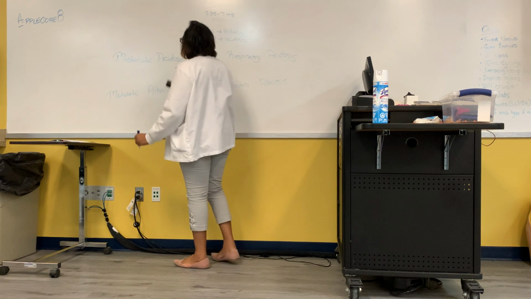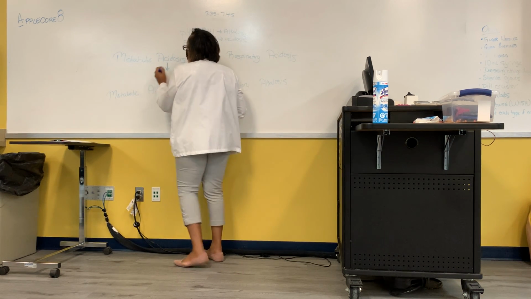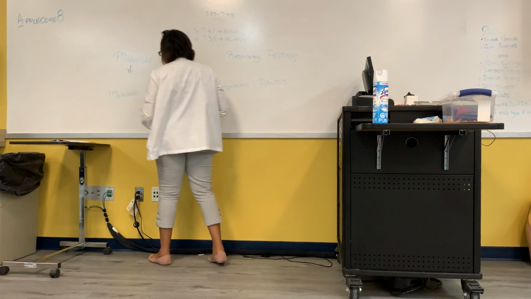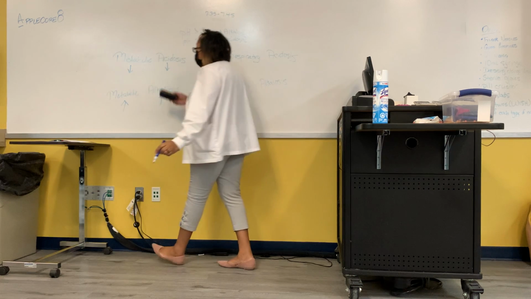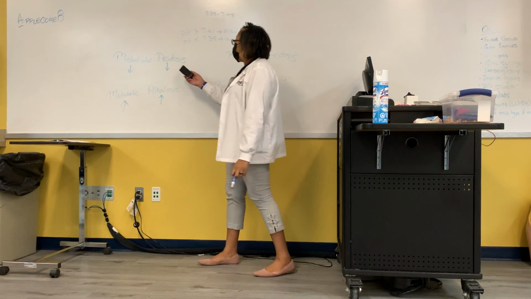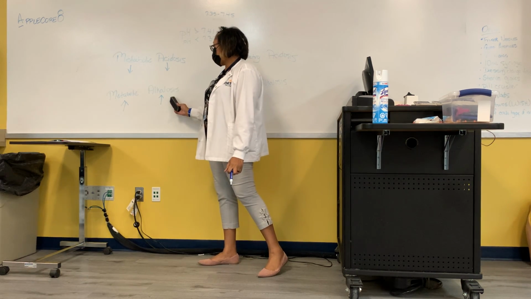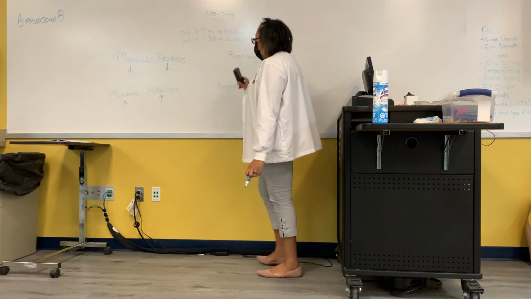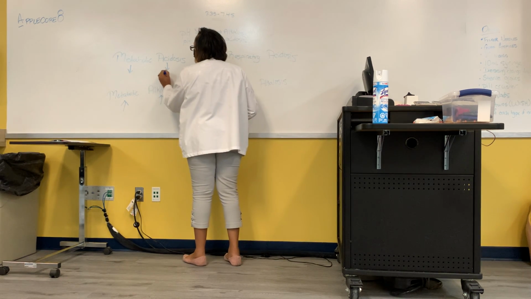Acidosis is low, alkalosis is high. These two are always going to be the same when you're talking about the metabolic system. Acidosis is low, metabolic is low. Alkalosis is high, metabolic is high. This is the pH.